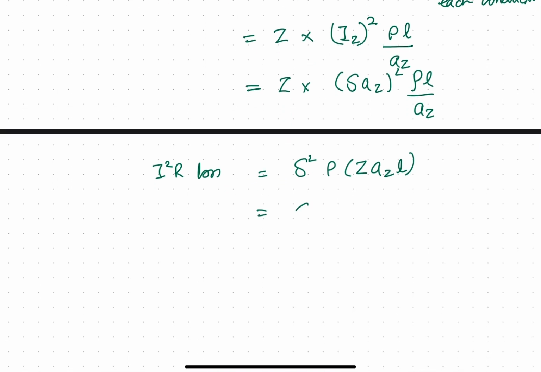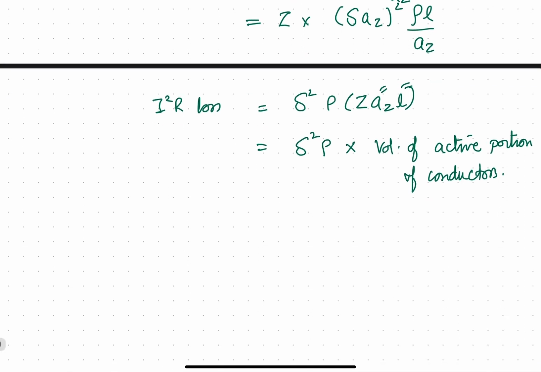So this is delta square rho times volume of active portion of the conductors. Because area into length is the volume, so that's how we derive this relation.